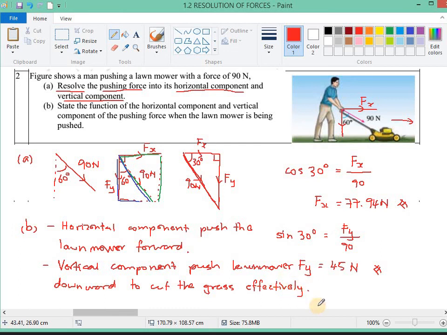Effectively or efficiently also can. Basically it means that you can cut the grass better if you have a force pushing the lawnmower downward. Get the idea?